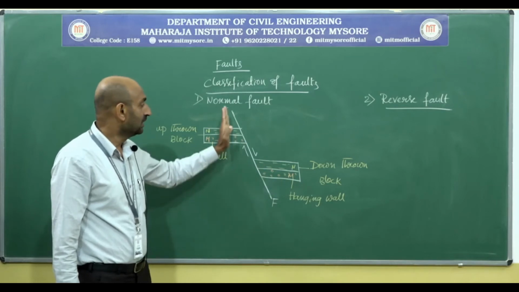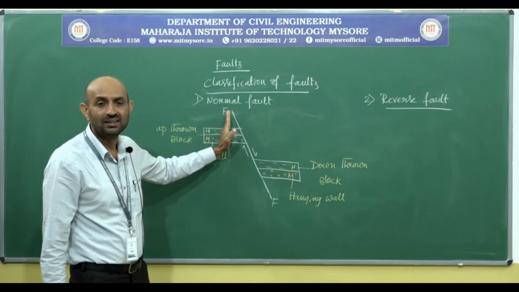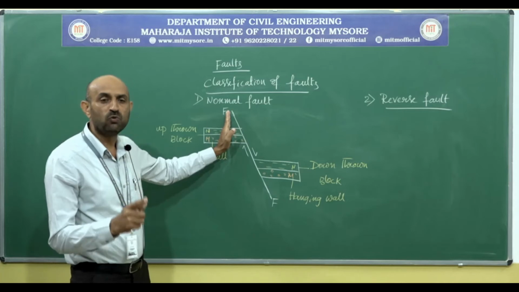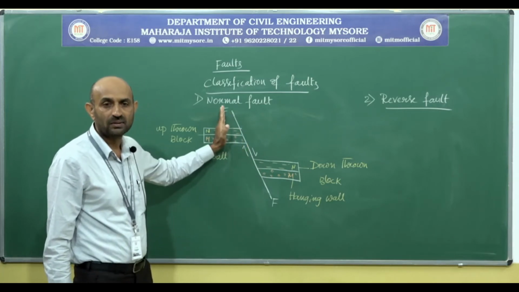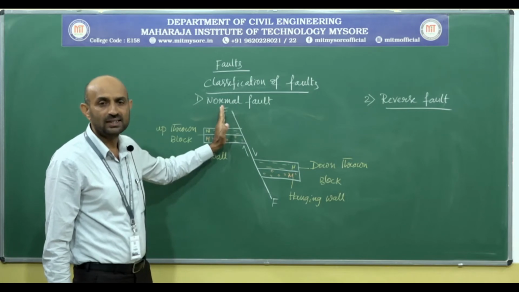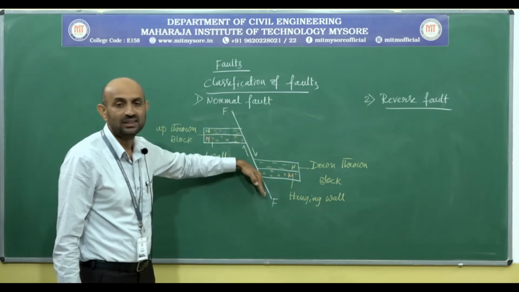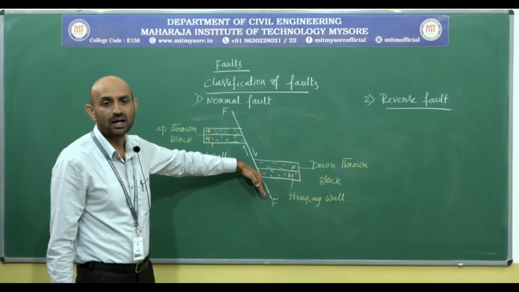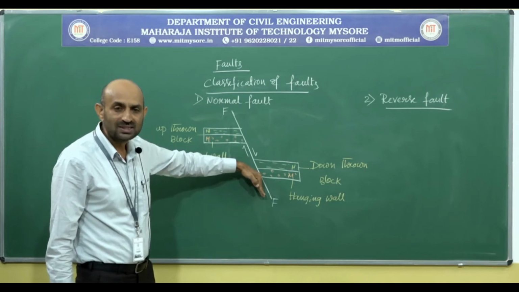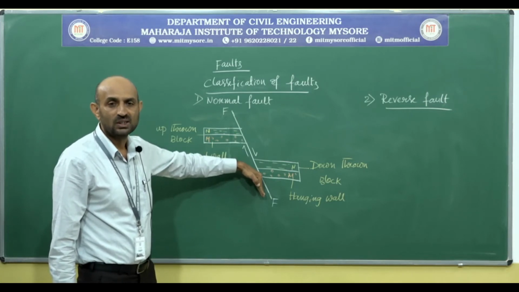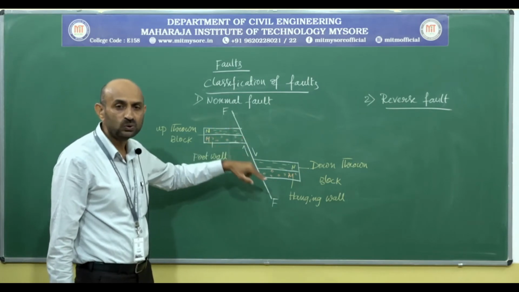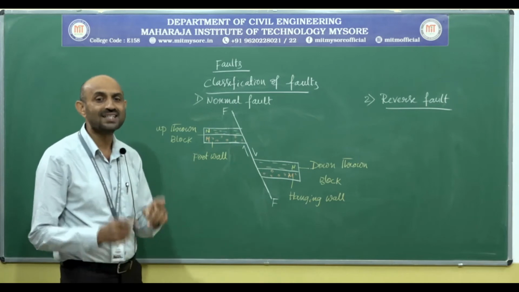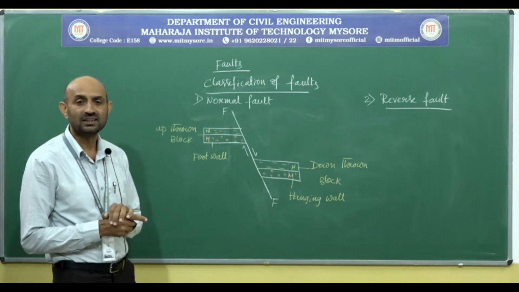Here, the head, what is head? The angle between the vertical and the fault plane is called by the name head. The head is towards the down thrown side, so that the blocks of the up thrown side and down thrown side are quite distinct from each other.